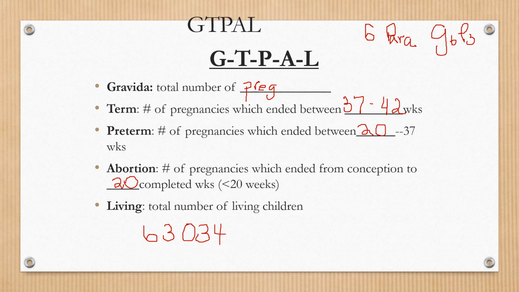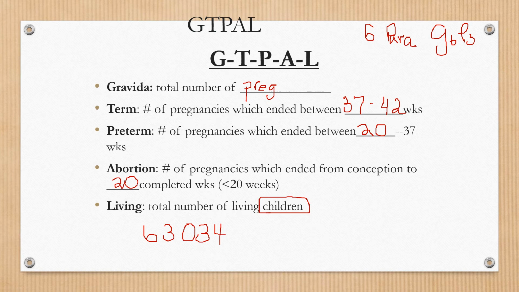So when we say term or preterm, and it would be obviously the same for abortions, we're talking about events, the delivery event, not the number of fetuses or babies. So when we talk about living, this is talking about the number of children, not events. So in this case here of 63034, there's twins because there's 4 children and it doesn't add up.